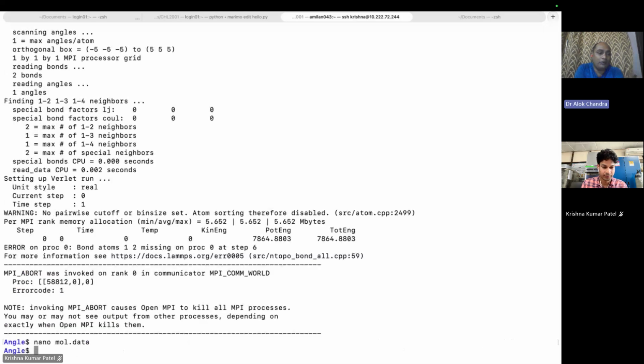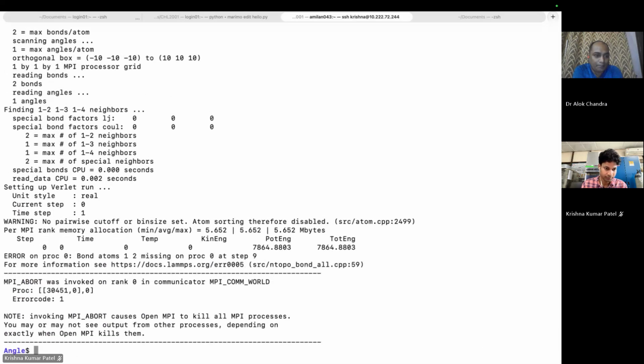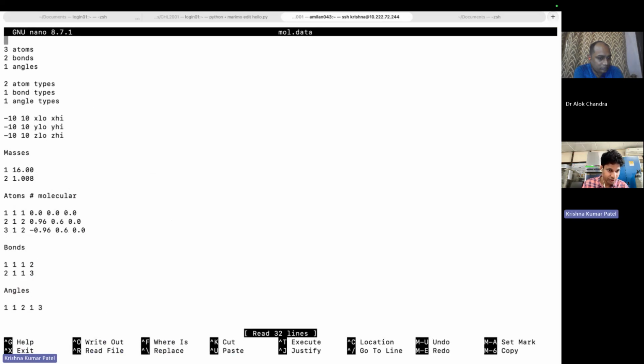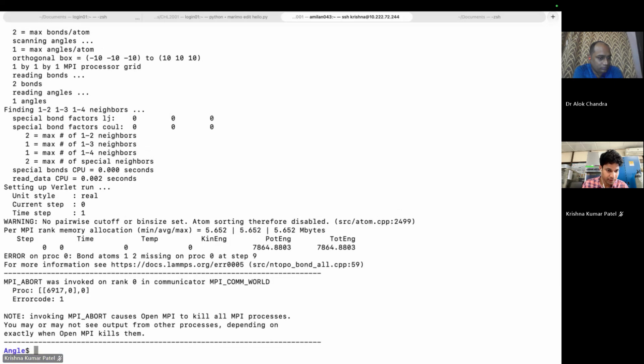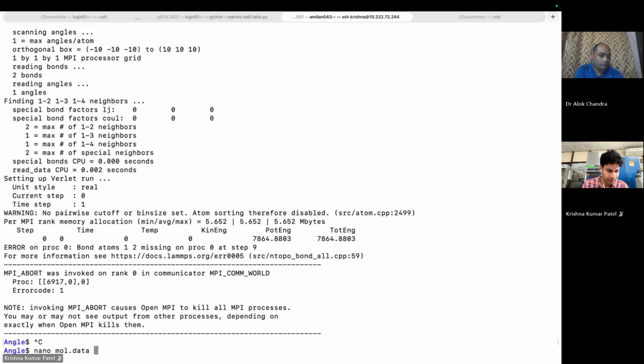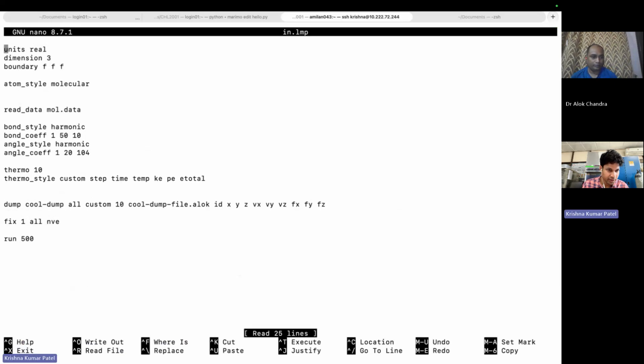So we could have no problem in changing the bond. There's another problem. It says bond atoms are again missing. What could be the reason? The box is pretty big already. The input file, the bond coefficient.